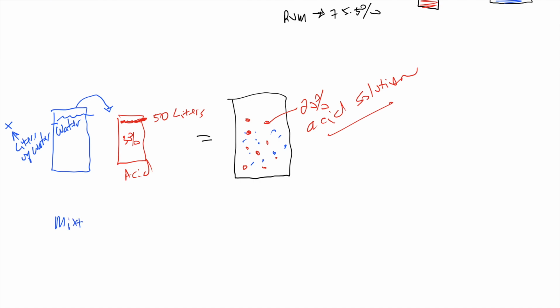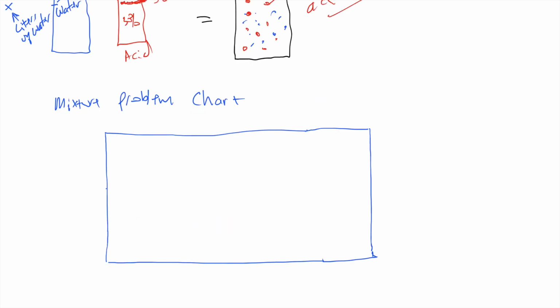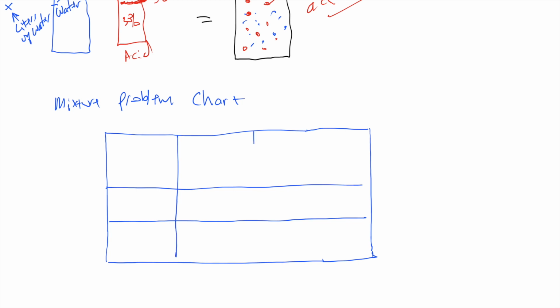This is the mixture problem chart. For mixture problems, go ahead and draw 3, unless you're mixing 3 things, so you're going to have 3 going this way, and we're going to write the word PAT. I'm pretty sure this is different than how your teacher is doing it, but it works.